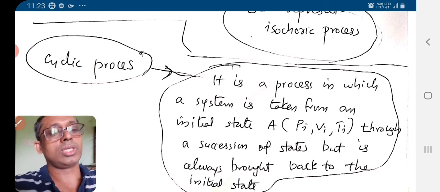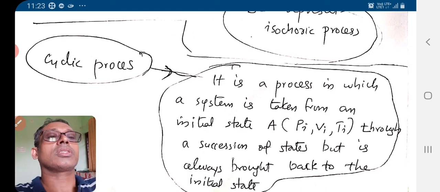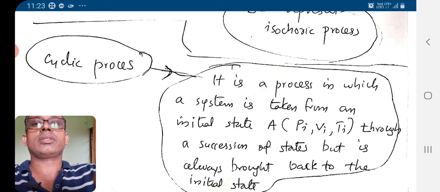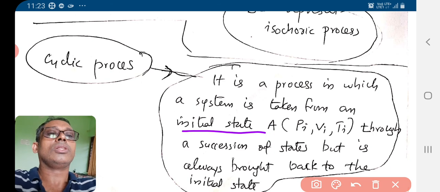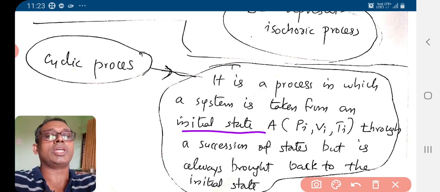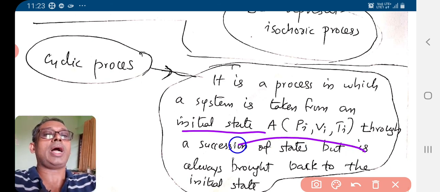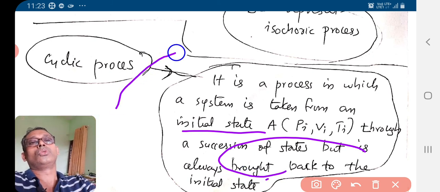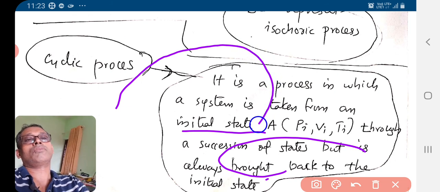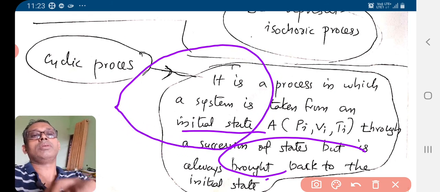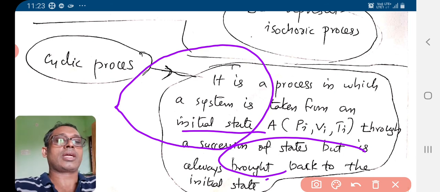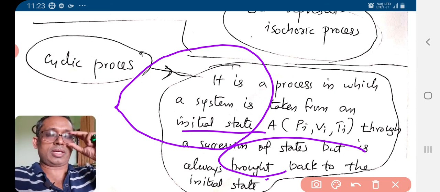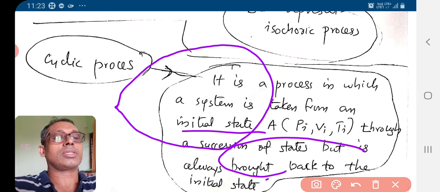Then a cyclic process. It's an important process, a process in which a system is taken from an initial state through a succession of states, but is always brought back to the initial state. So starting from an initial state, it goes through several states and finally comes back to the same state. The Carnot cycle, which you would have studied, is a cyclic process.